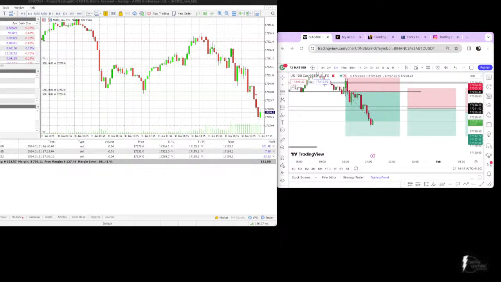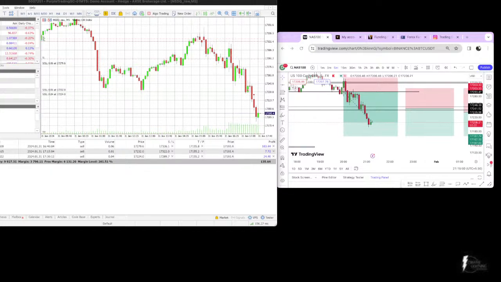All these things are the same, just different words for one same thing. I simply trade reversals or breakout and retest from supply and demand zones.